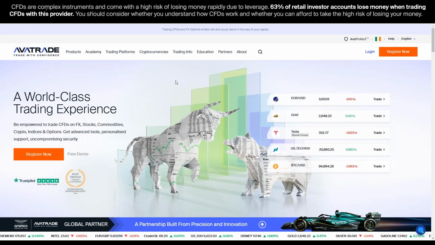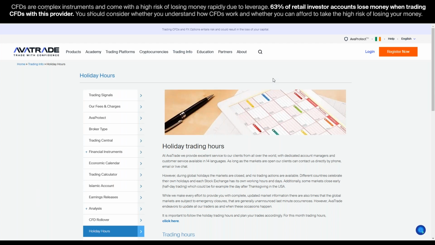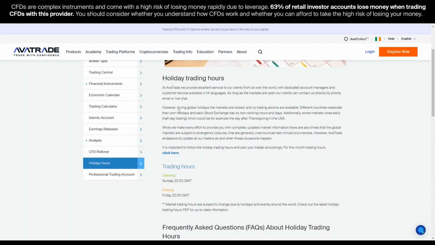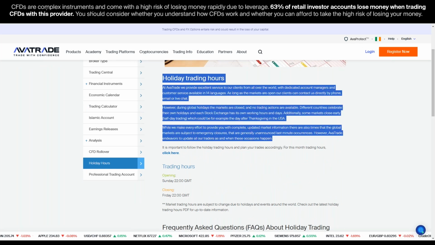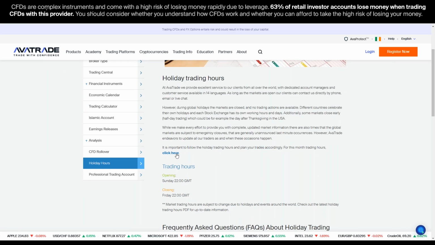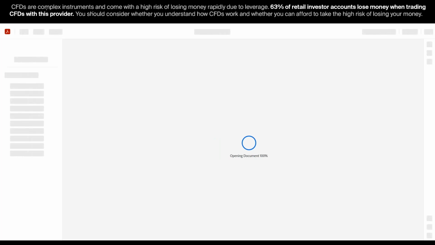And so if we go under trading info and then go to holiday hours, we have a page dedicated to this part of things. And if you click where it has a general few paragraphs about holiday hours, and if you click where it says click here, it will load the current month's holidays as a PDF document.